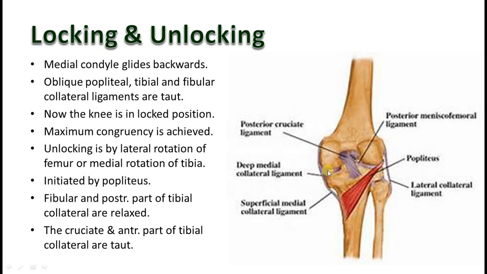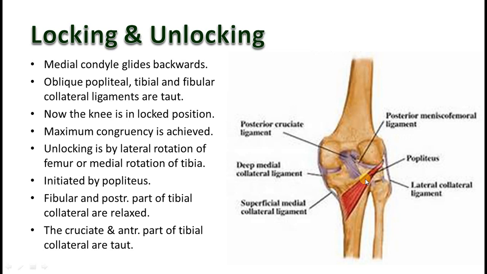So naturally what happens is, unlocking movement takes place by the lateral rotation of the femur. The popliteus also serves one function. During this, it also pulls the lateral meniscus backwards, so that the lateral meniscus does not get pinched between the articular surfaces.